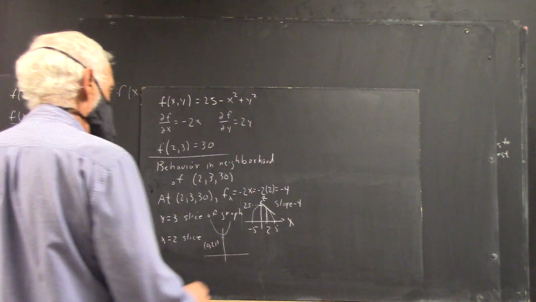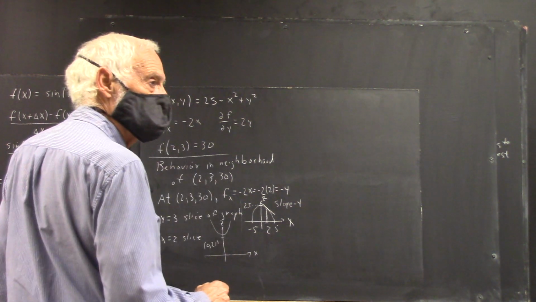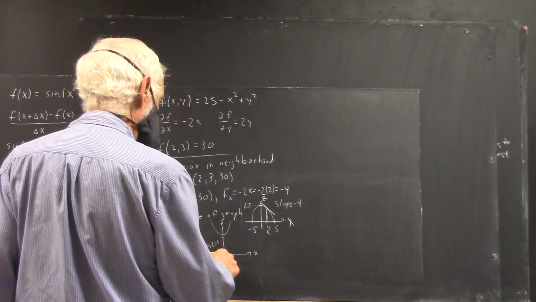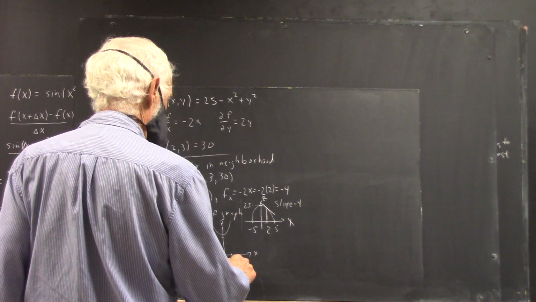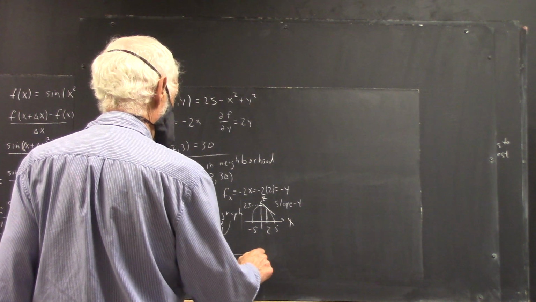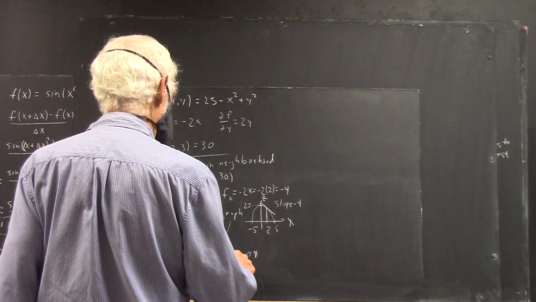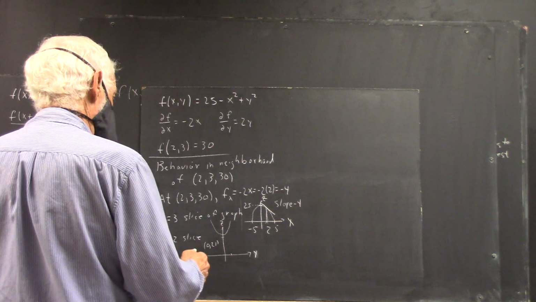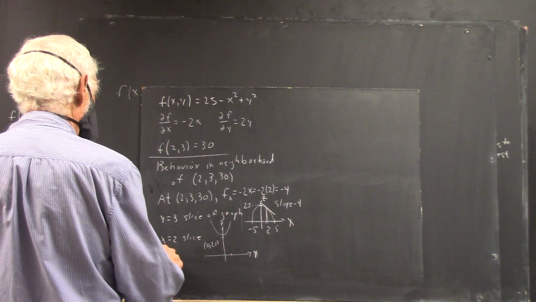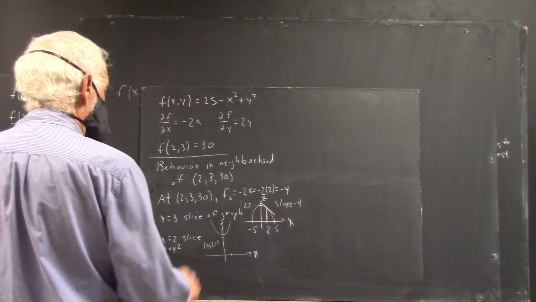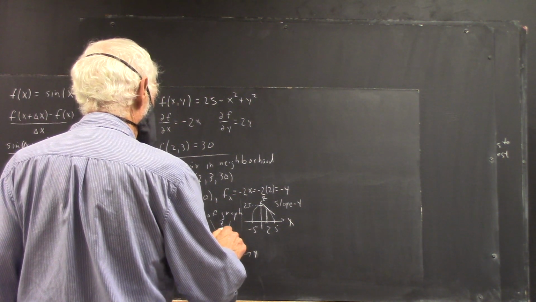And when x equals 2, of course, so when y equals 3, write it out. Z is 21 plus y squared, when y is 3, your coordinate here is 30.